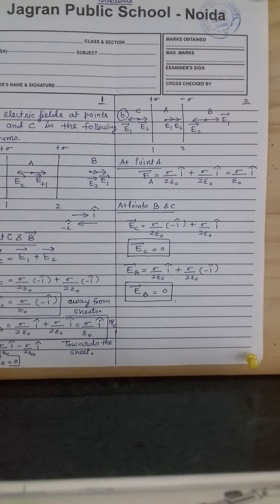Mathematically EC is equal to E1 plus E2, which is sigma upon 2 epsilon naught minus I cap plus sigma upon 2 epsilon naught I cap gives you 0. Similarly, EB is equal to sigma upon 2 epsilon naught I cap plus sigma upon 2 epsilon naught minus I cap again gives you the 0. Okay, here I cap represents the electric field along the x-axis, okay, and minus I cap represents the minus x-axis.